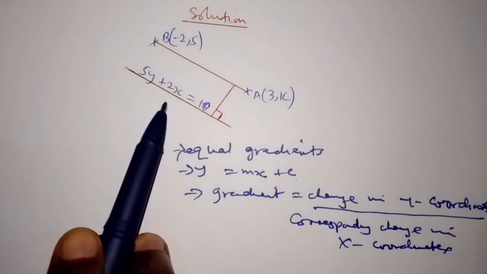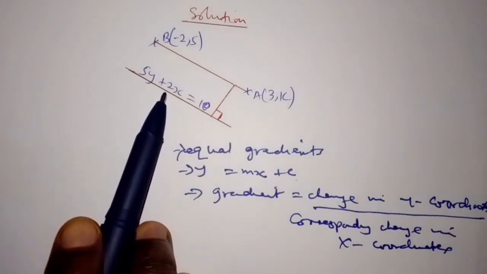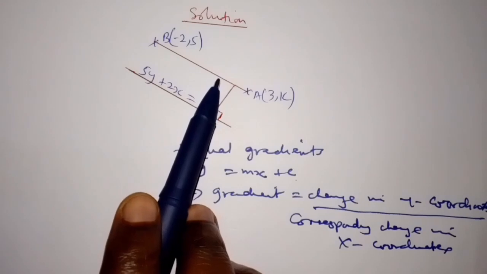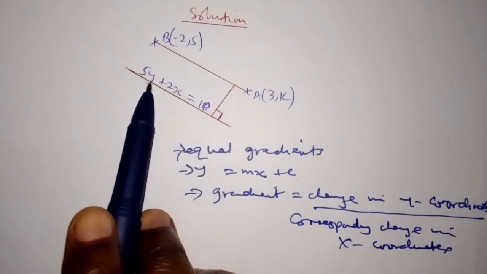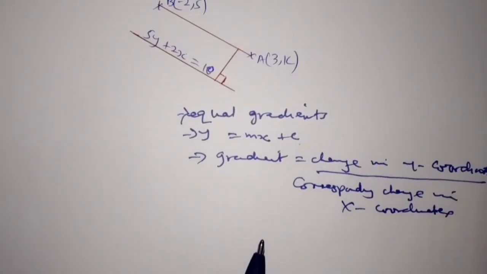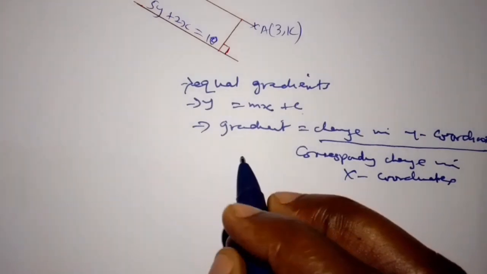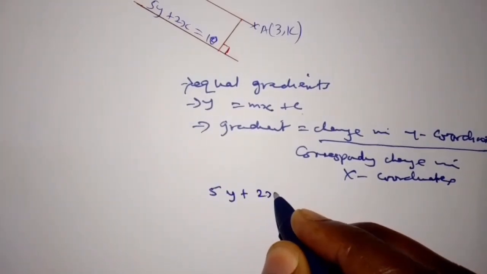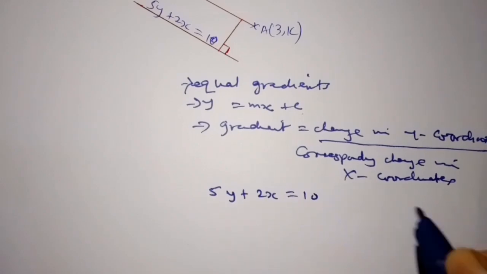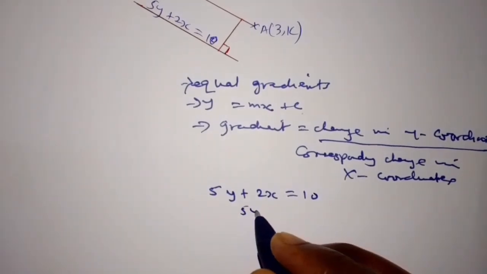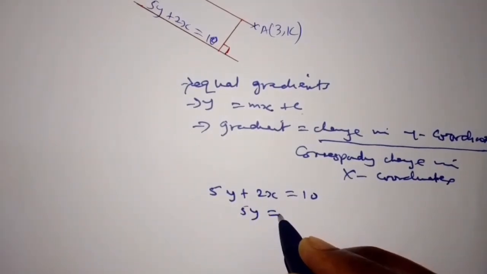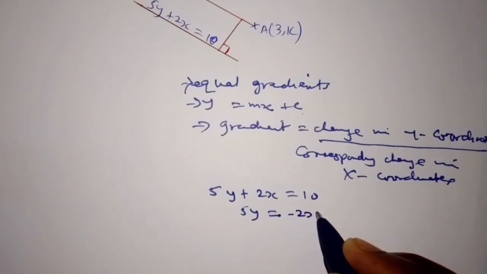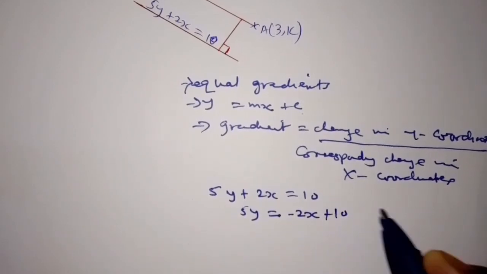Now we can solve the equation of this line here. This line is parallel to this line. So we can say that 5y plus 2x is equal to 10, so 5y is equal to negative 2x plus 10.